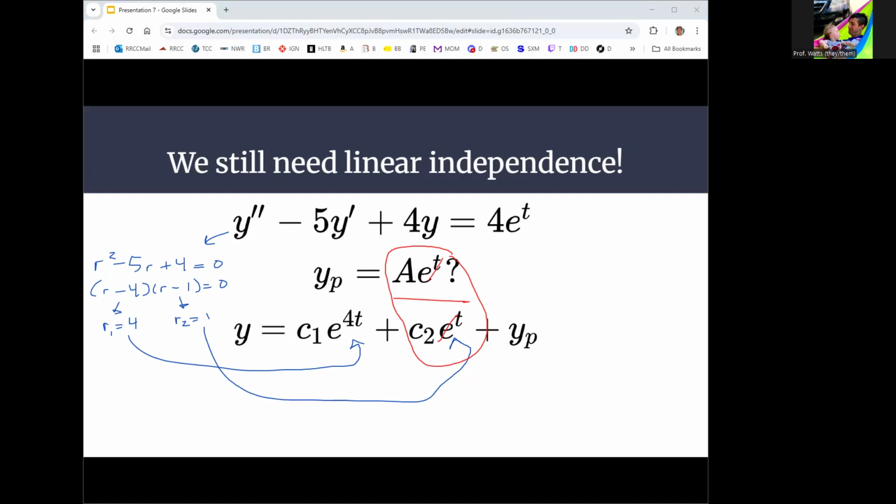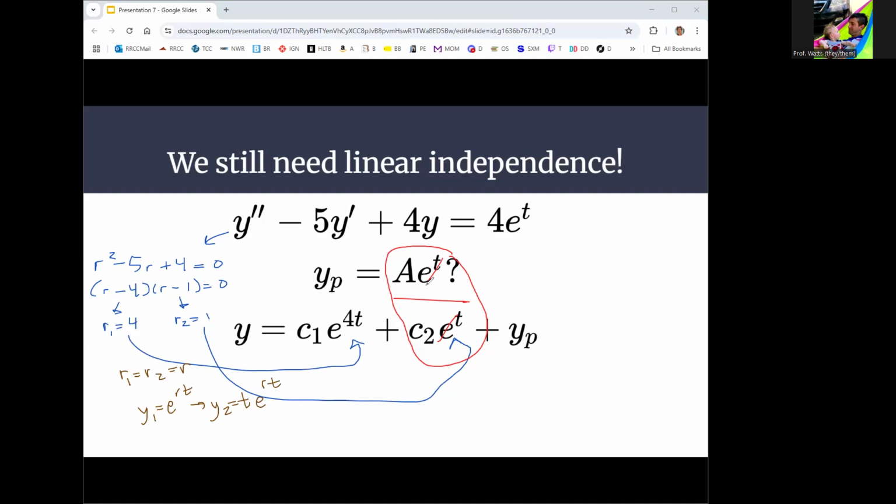And so what do we do? Well, it's the same trick we used before. You remember that in the case when r1 equaled r2, y1 was e to the rt, and we would get y2 to be linearly independent by multiplying by t, right?